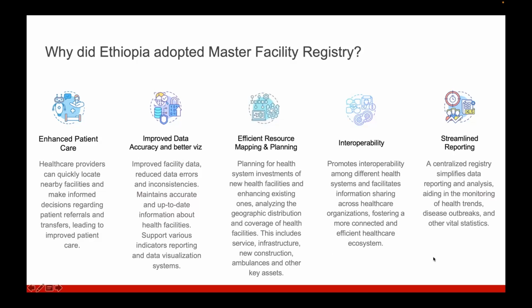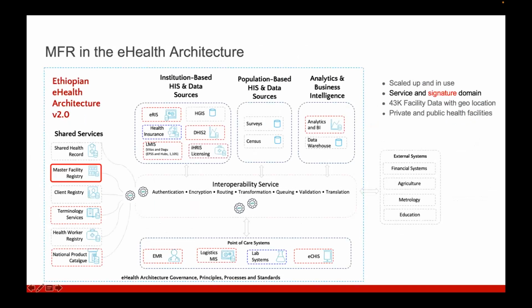So this is our e-health architecture. I believe most African countries have a similar e-health architecture, and we have different components within it. We have the institution-based data subsystems, the population-based, analytics and BI, and interoperability, for which we use OpenHIE as a mediator, because it is endorsed and selected by the Ministry of Health itself.